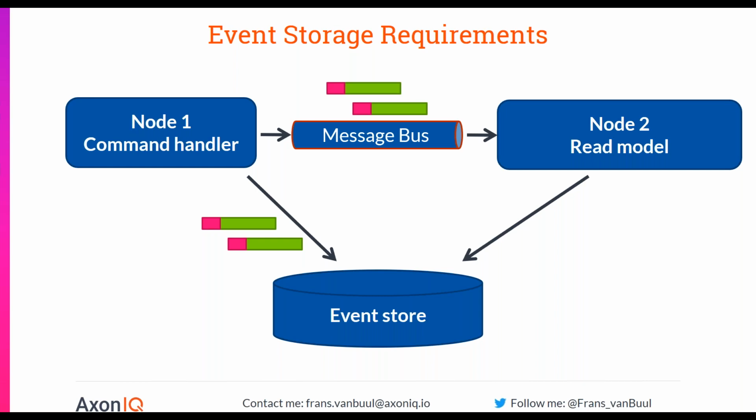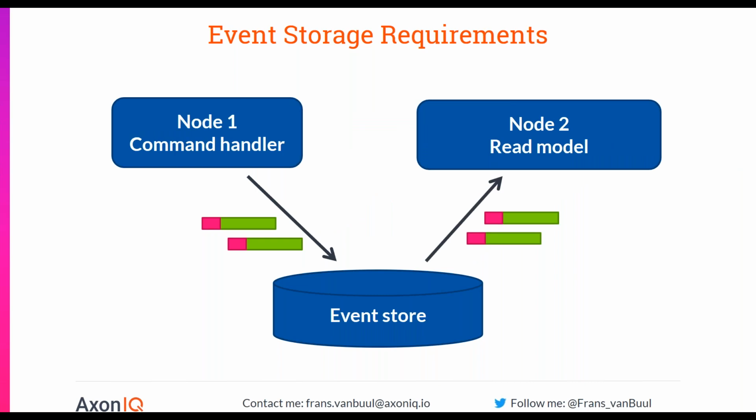So whenever a node wants to publish events, the node sends it to the event store for storage and posts the same event on the message bus for immediate consumption by other nodes. Which has the benefit that it doesn't have the same delay as you would have with polling, but it does introduce the risk that the two ways of publishing the events are not atomic. So one may succeed while the other may fail.